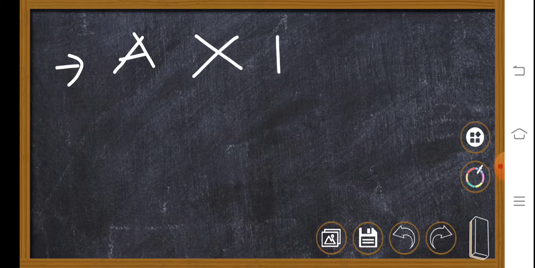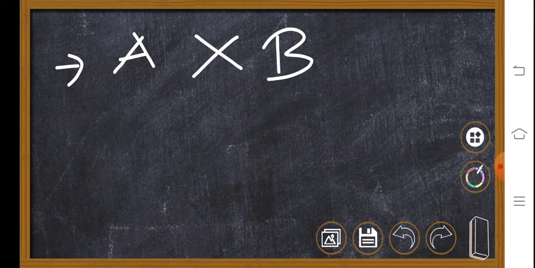Now we will do some examples. Suppose father has blood group A and mother has blood group B. Now the question is to find out the possible blood groups of their children. So how to solve this?